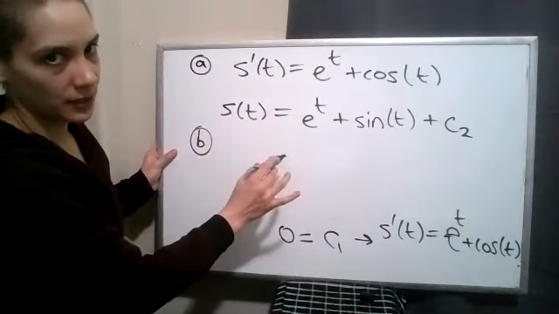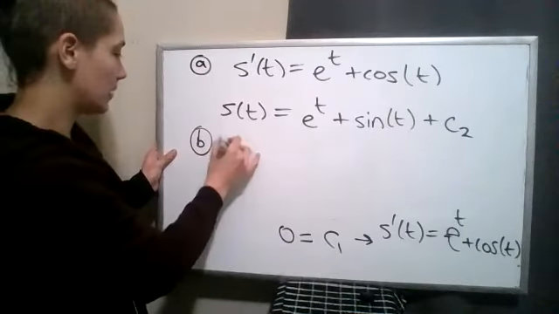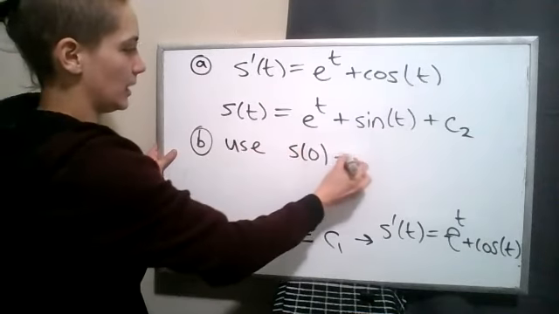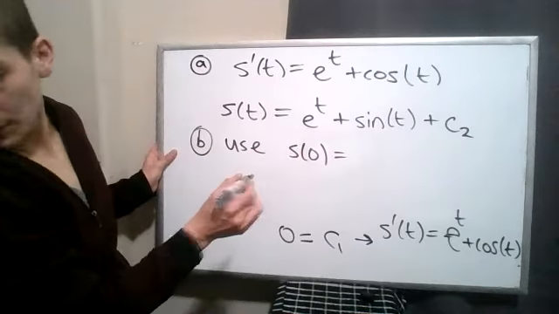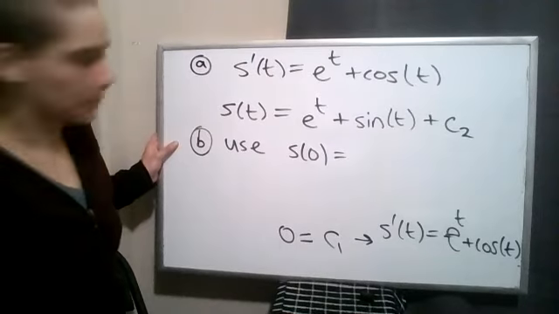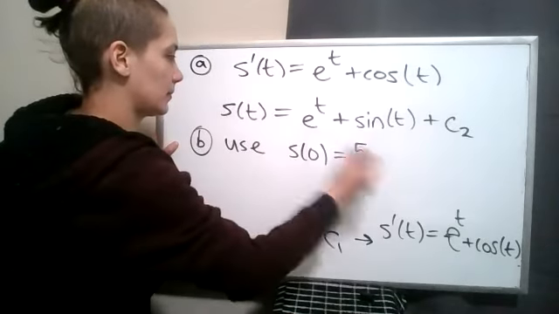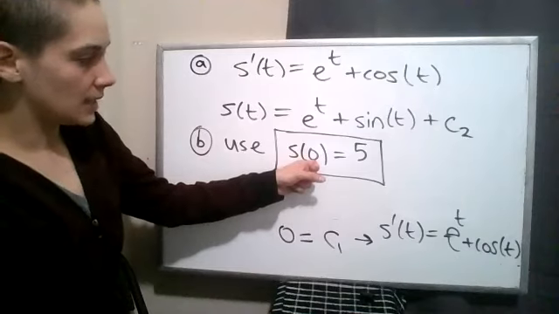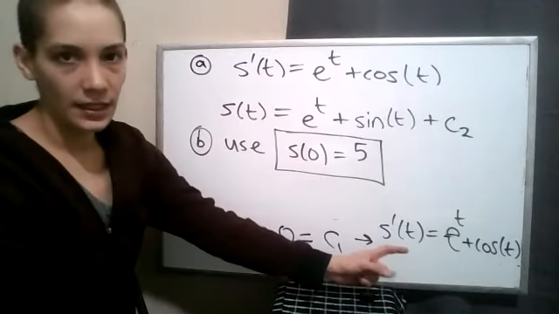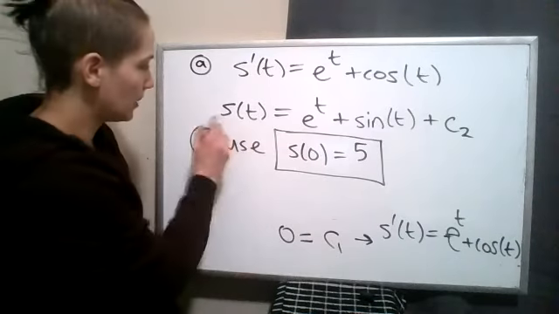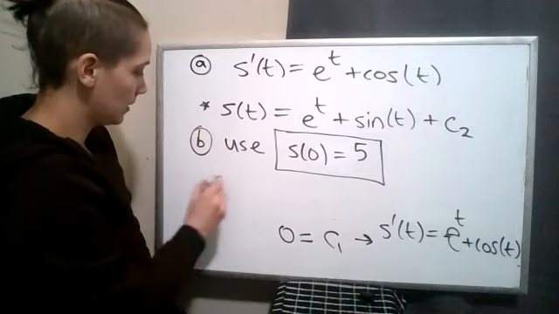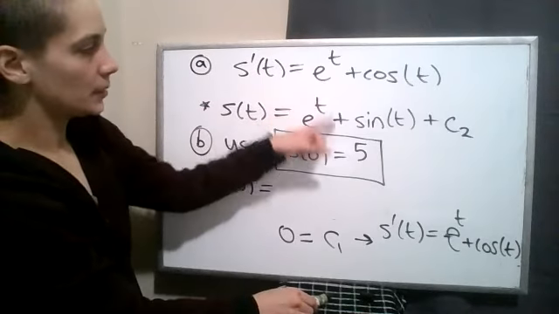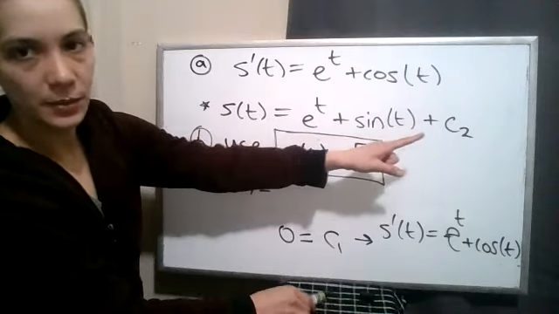Apply the initial condition, one of them. Use s of 0, and that was equal to 5. So first let t equal 0 in this function right here: e to the 0 plus sine 0 plus c sub 2.